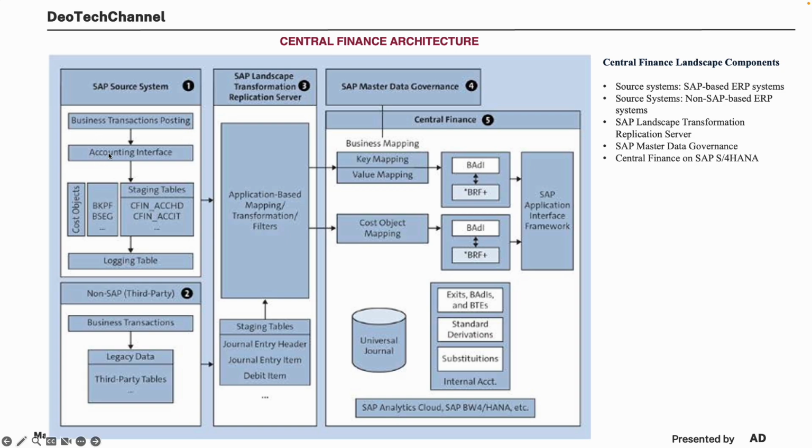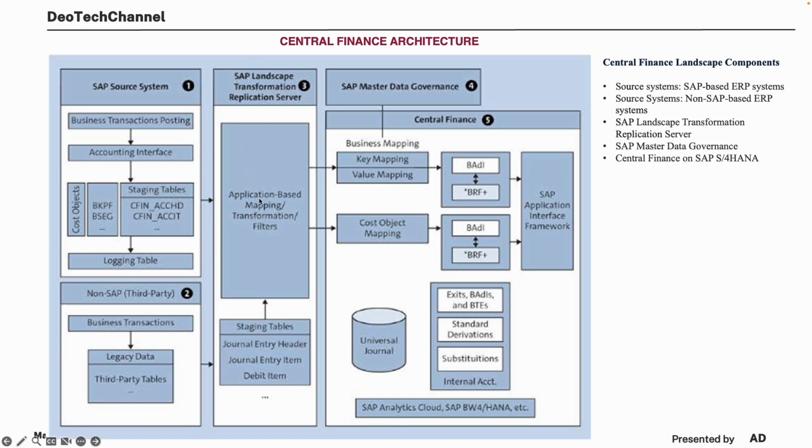Data is temporarily stored in staging tables, the CFIN ACC SD, CFIN ACC IT, and a logging table keeps track of transactions and replication events before it replicates to the central finance via SLT. For non-SAP, third party business transactions from external systems are collected. Legacy data is managed through third party tables before integration.